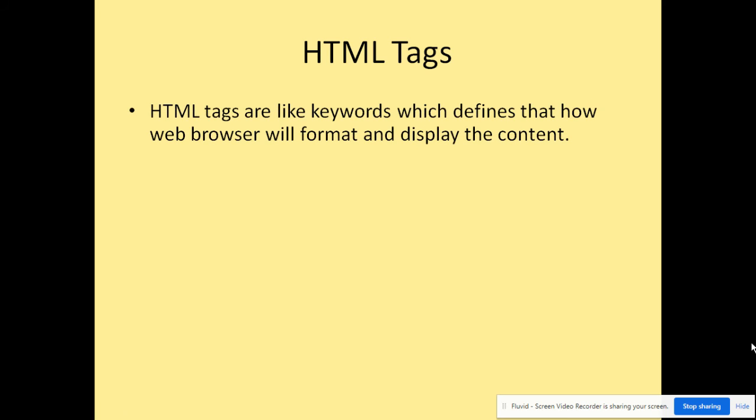HTML tags are now very important. You must know about HTML tags. What is an HTML tag? An HTML tag is a kind of keyword, a predefined keyword which defines how the web browser will format and display the content.